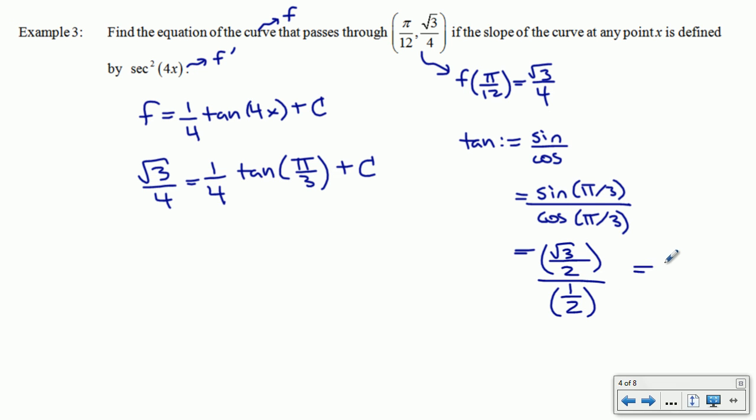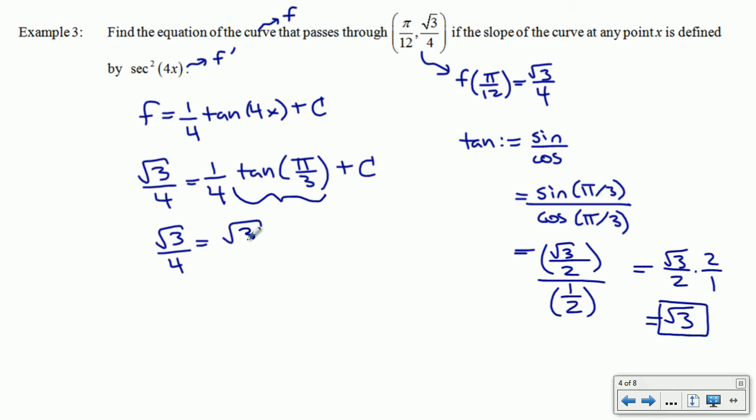So that would be equivalent to root 3 over 2 times 2 over 1, which is just root 3. So we can replace tan pi over 3 with root 3. So next we have root 3 over 4 equals root 3 over 4 plus c.